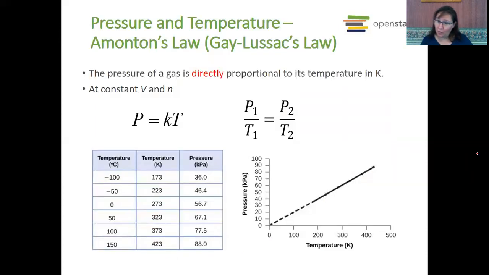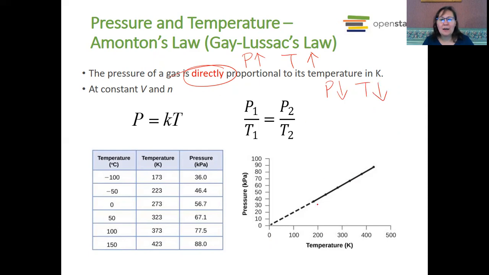And that's one example of how our gas laws are going to look. So for starters, the one I just showed you is Amontons' law, or Gay-Lussac's law. Gay-Lussac's law says that the pressure of a gas is directly proportional to its temperature. And what does it mean to be directly proportional? It means that pressure goes up as temperature goes up. It also means that pressure goes down as temperature goes down.